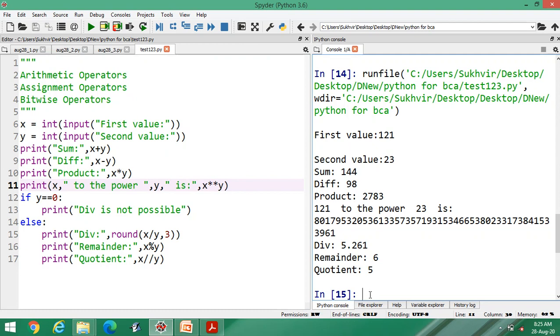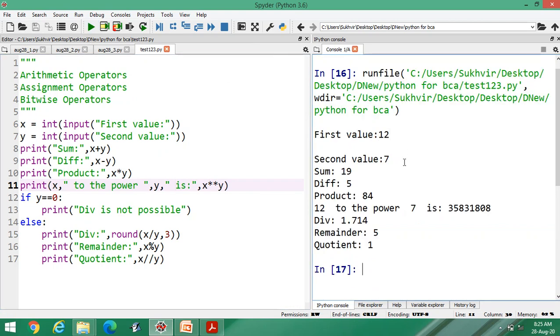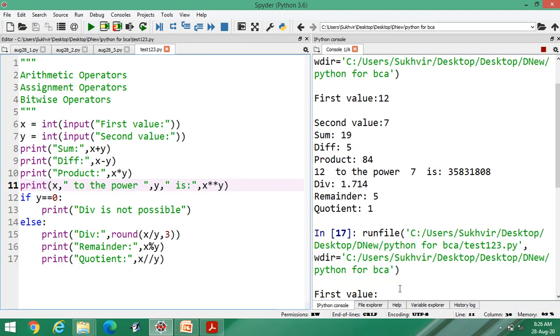Let's execute again to get the output. Suppose I write first value as 12 and second as 7. You can see the output. 12 to the power 7 is this one. And division is okay. Remainder and quotient, all the contents are okay. Suppose I write the second value as 0. Which one is the problem?